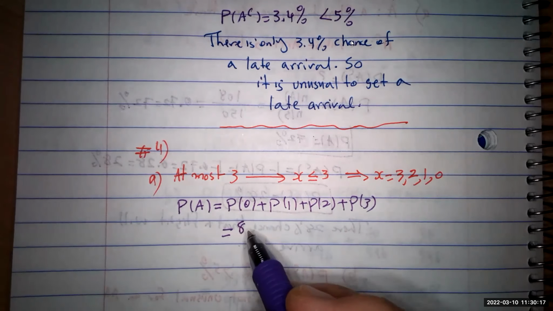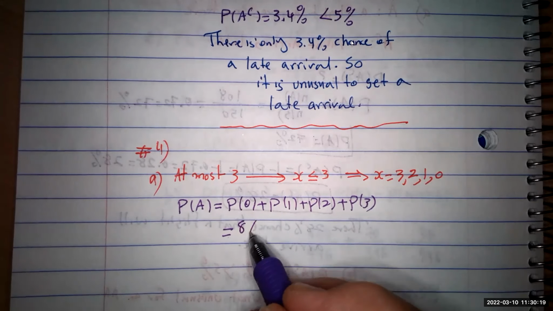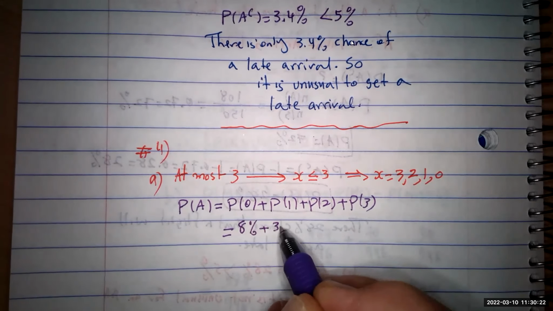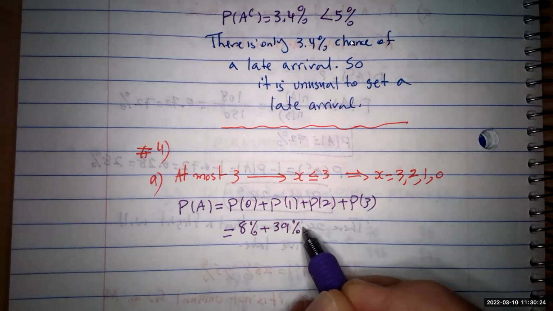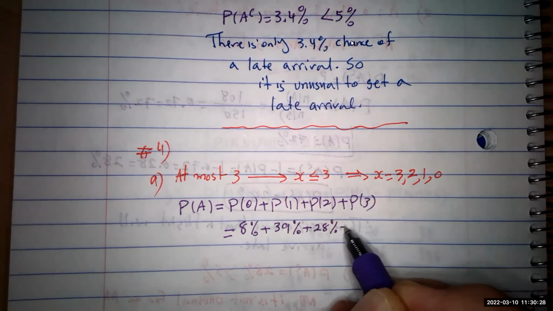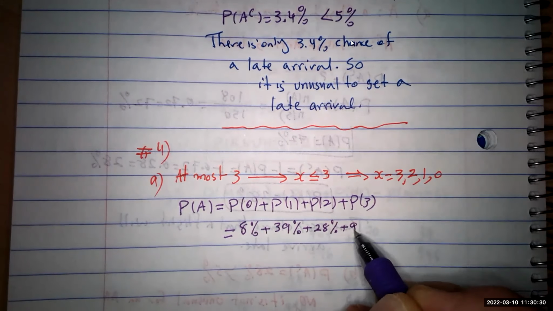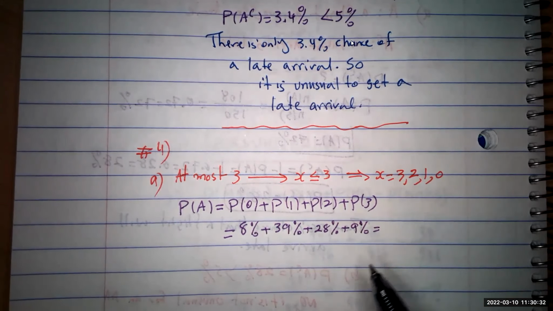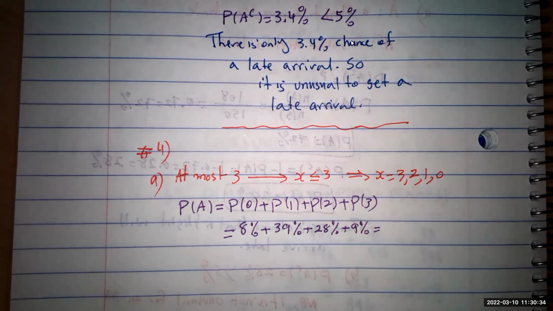You can go with the percent and add it at the end, or just write down 8%, 39%, 28%, and 9%. Okay, you add all those numbers together to get the total probability that you are going to have.